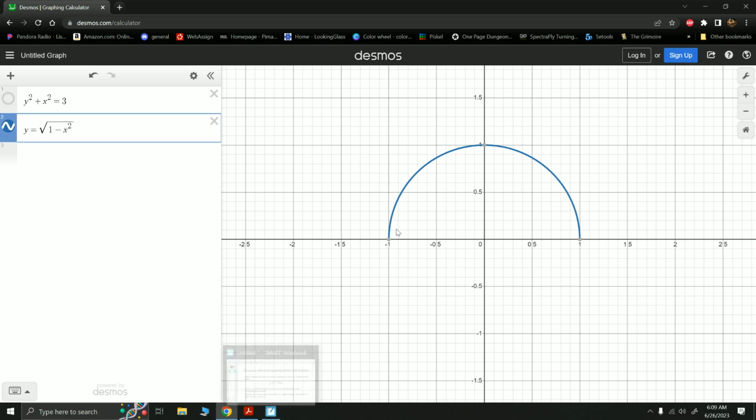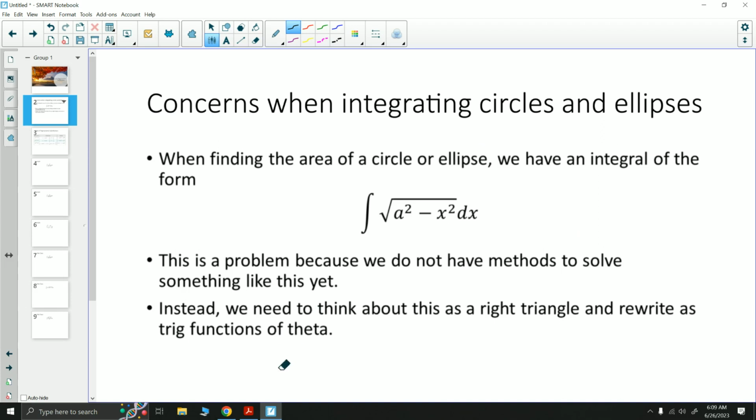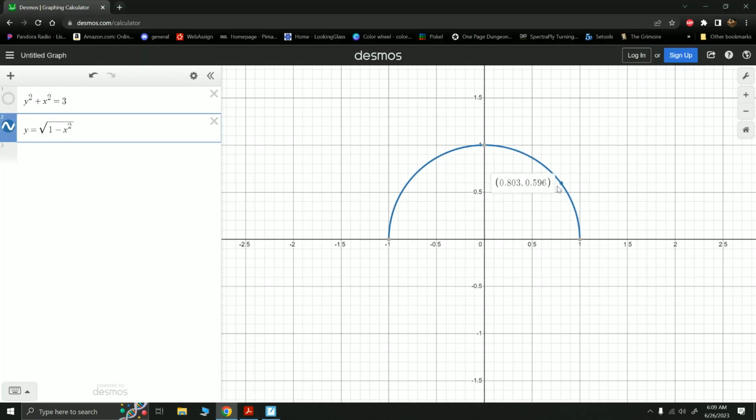So what we do is, instead of thinking about this in terms of the points on the circle, we think about it in terms of a triangle. We start marking each point along this circle in terms of some triangle, talking about it in terms of an angular measurement. For example, at x equals 1/2, we instead describe it as the sine of an angle, or maybe cosine of an angle, or secant of an angle, or tangent of an angle.